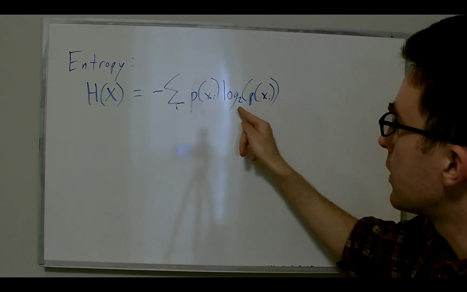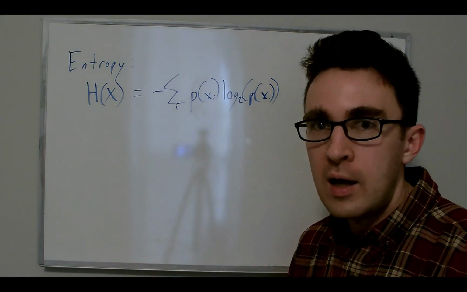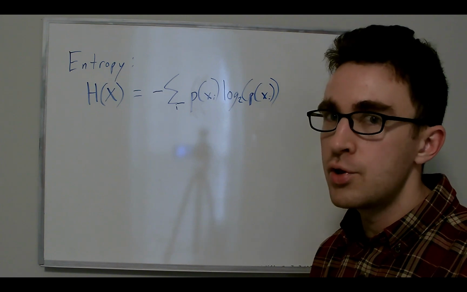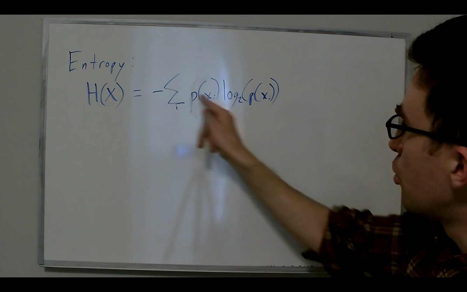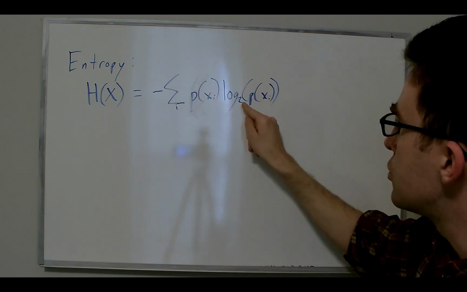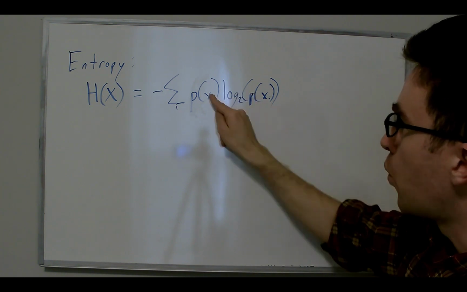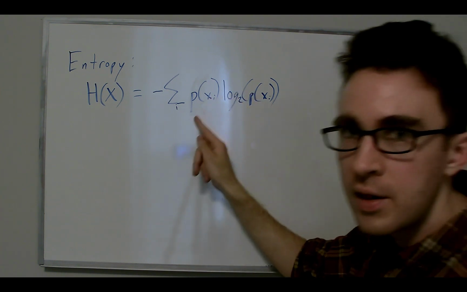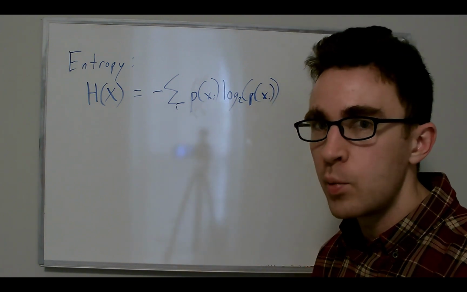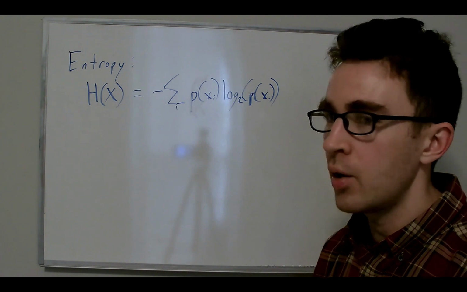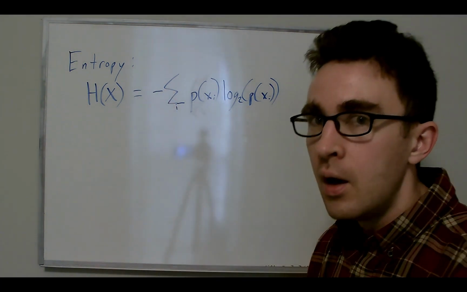In that case, you're going to get 0. So as we said, if you have no uncertainty at all and you just have some value with the probability of 1 every time, then this whole thing is going to be 0, because you get log base 2 of 1, which is 0, and then times 1 is also 0. So if you have a probability of 1 and you're getting the same value every time, then the entropy will equal 0.